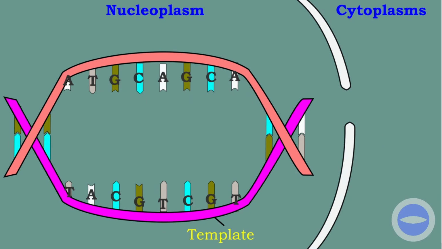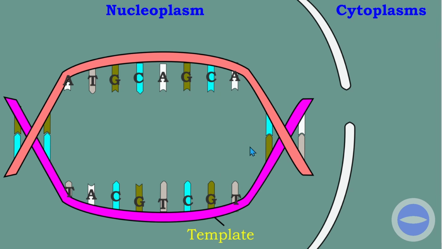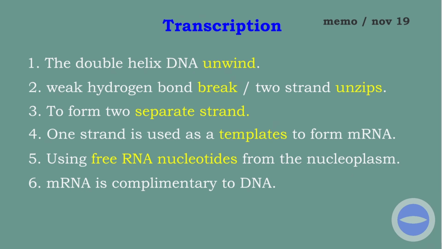Then the next thing is to form two separate strands. If you can see here, we've got a strand here and a strand here at that particular gene, which is gene 2 in our situation. We've got a strand here and then we've got a strand here. And then what happens next?